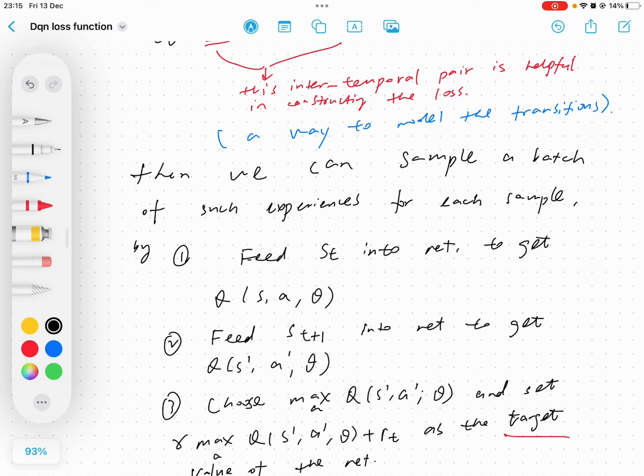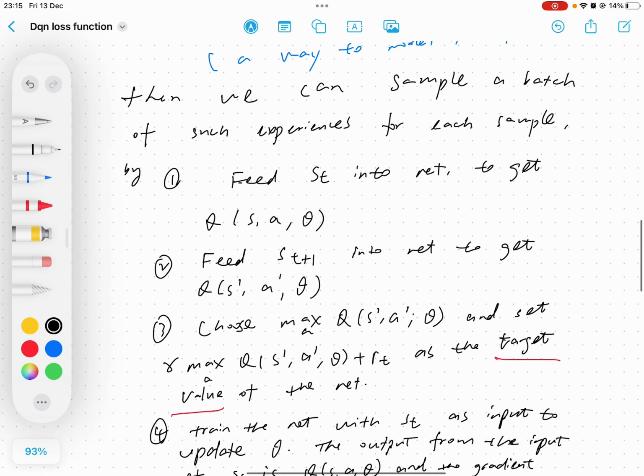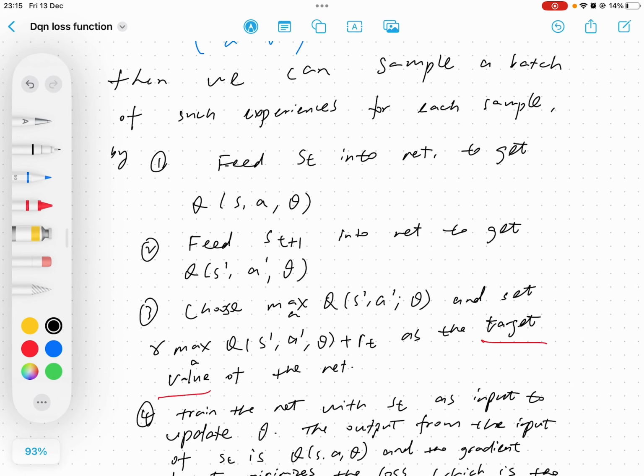Specifically, in the DQN algorithm, we can sample a batch or mini-batch of such experiences. For each sample, first we feed the current state s_t into the network to get this Q value, given the input of s, a, and parameter theta.